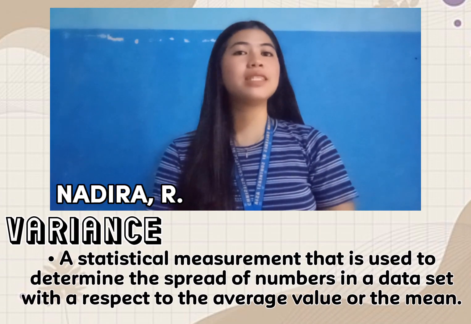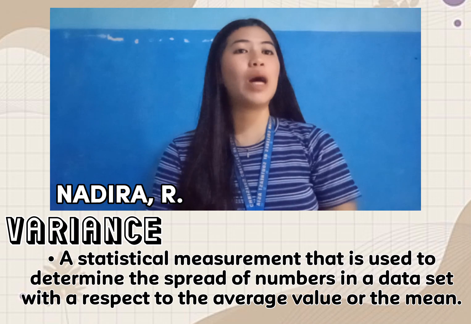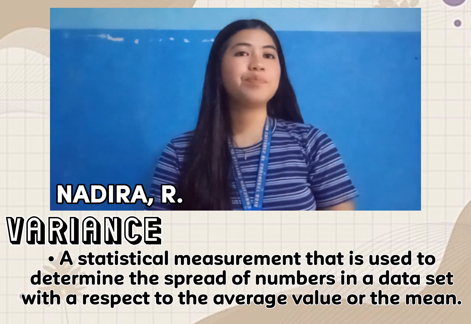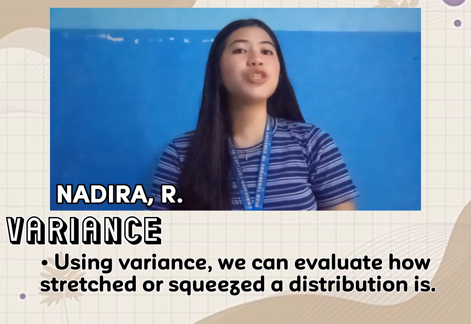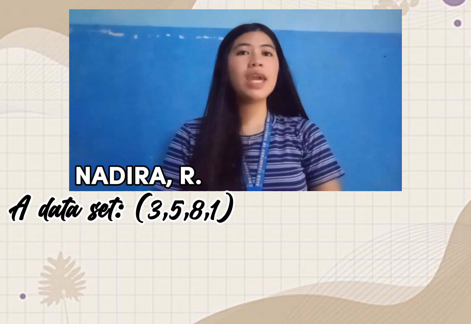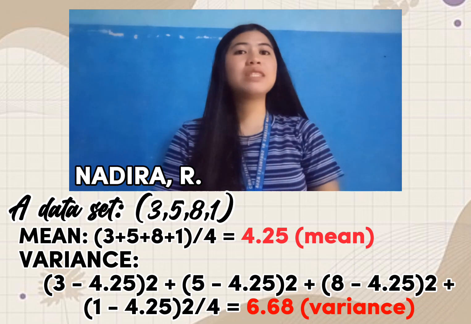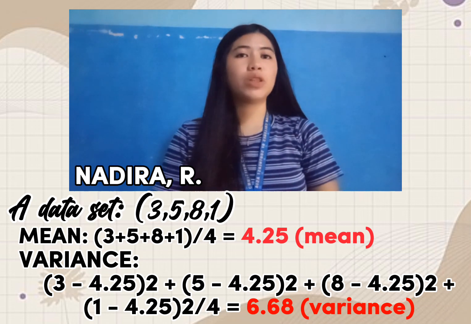Variance. Variance is a statistical measurement that is used to determine the spread of numbers in a data set with respect to the average value or the mean. Using variance, we can evaluate how stretched or squeezed a distribution is. Suppose we have the data set 3, 5, 8, 1. The mean is given as (3 + 5 + 8 + 1) / 4 = 4.25.